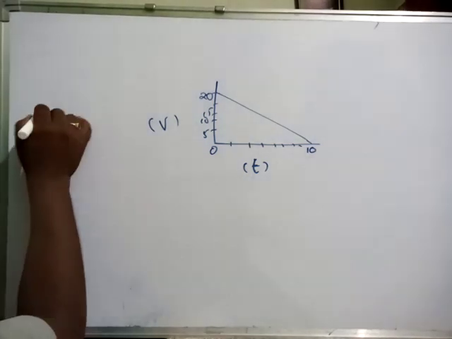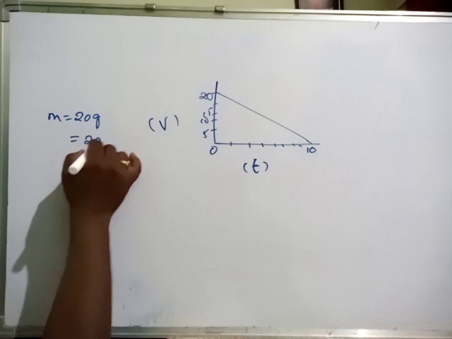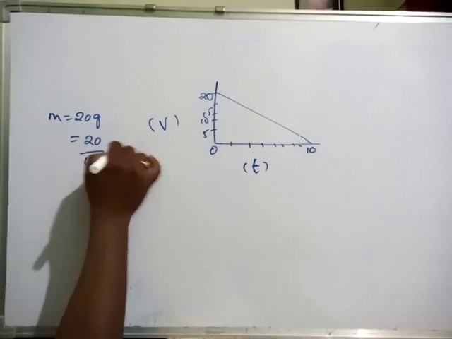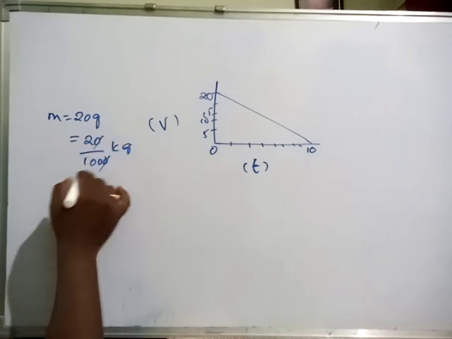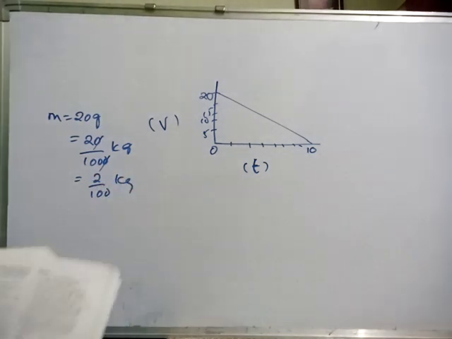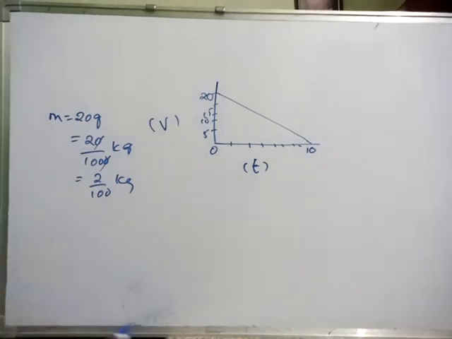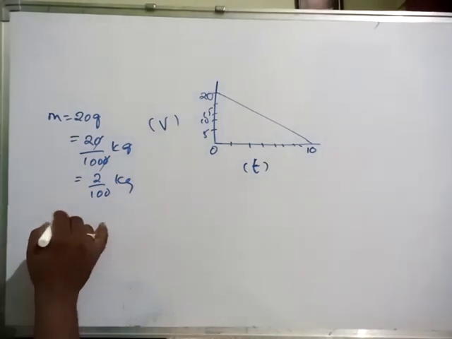The mass of the ball is 20 grams. M is equal to 20 grams, means 20 by 1000, then it becomes kg, no? So 0 0 cancel, 2 by 100 kilogram. Because always we have to use SI unit. So mass is given. Now we require acceleration.